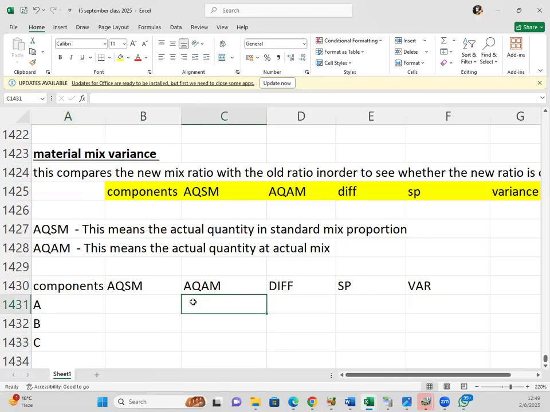We skip the actual quantity standard mix column. Let's skip it and we move to the actual quantity, actual mix. So for the actual units that we used, how many quantities of A were used, how much of the quantities for B were used, and how much for C.